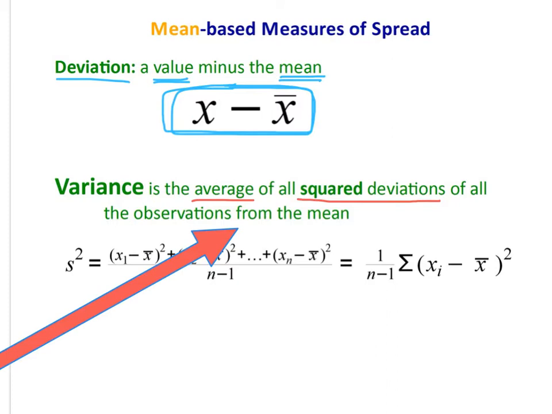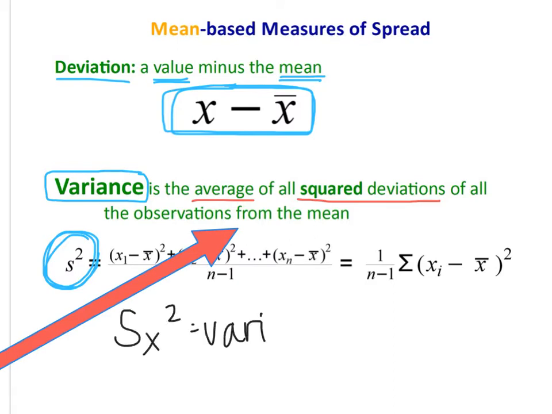I know that's super wordy, but I want you to get down that the variance is the squared standard deviation. So get down this notation: s squared is the variance. That's my notation for the variance. It's s squared, or sx squared, is the variance.